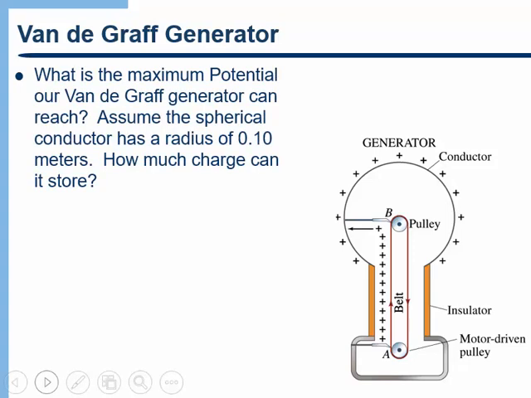So here's a question. What's the maximum potential our Van de Graaff generator can reach? Assume the spherical conductor has a radius of 0.1 meters, and how much charge can it store? All right, so we know a couple things. We've said that at the surface, V is related to the electric field in this way, and we know in general that the electric potential created by a sphere of charge is kq over r.